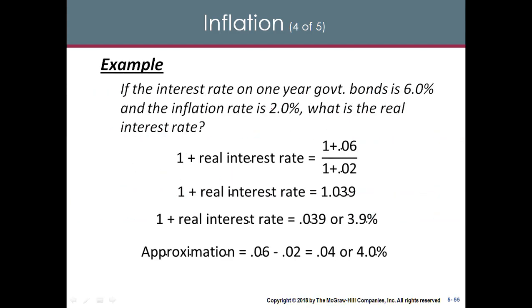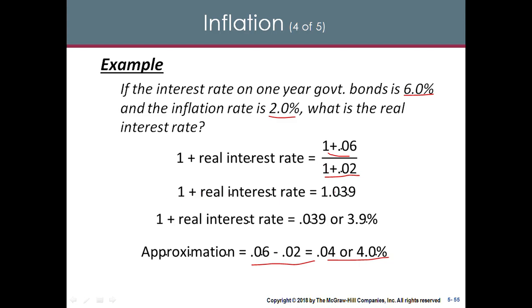Let's take an example. If the interest rate on a 1 year government bond is 6% and the inflation is 2%, what is the real interest rate? You can see the interest rate is given as well as the inflation. By approximation, 6 minus 2 is 4%, the approximate rate. But if I want to calculate the actual rate, we would take 1 plus the real interest rate is equal to 1 plus 6% divided by 1 plus 2%, and bring this 1 to the other side.